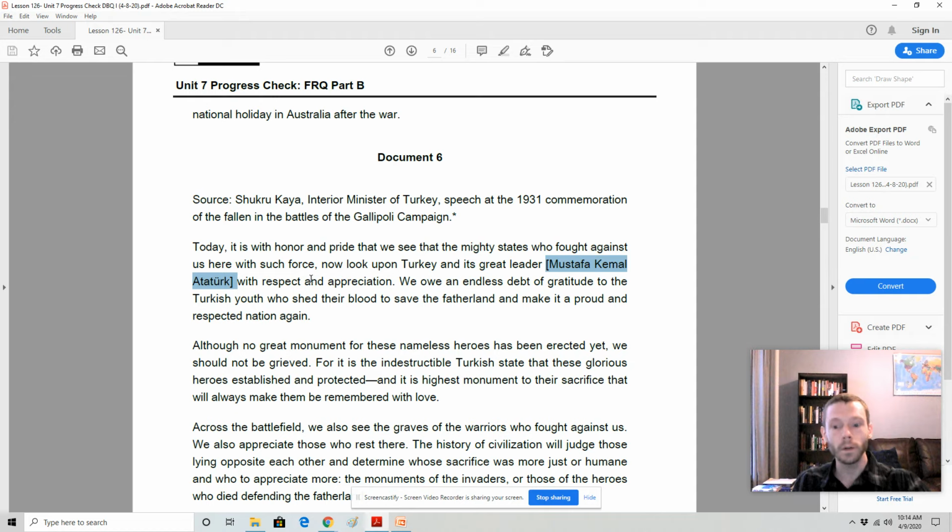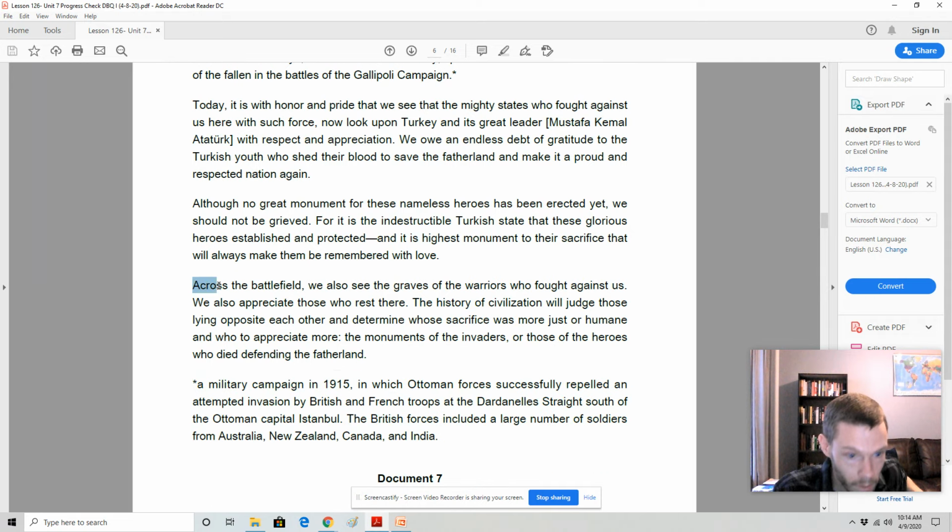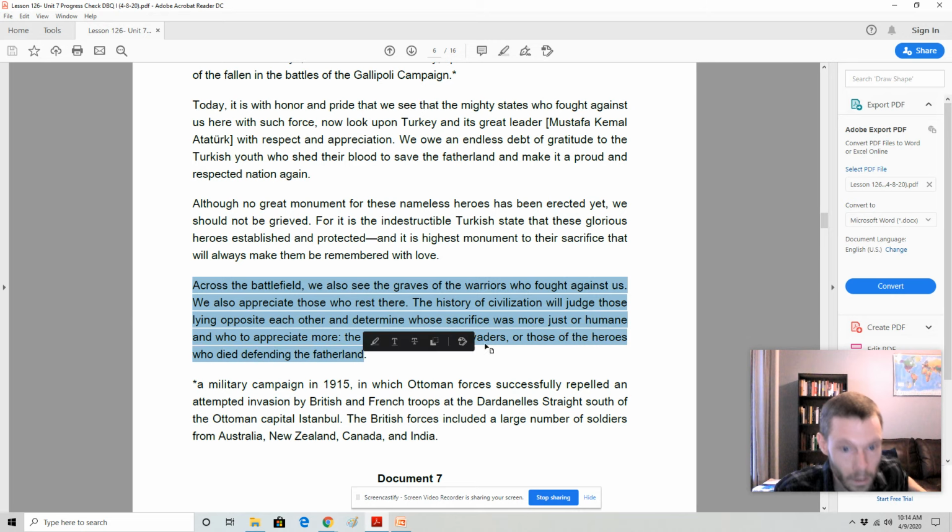What were the modernizations that were taking place in the 1920s and 30s? Why did they bring in Western ideas, Western dress, Western values in many ways? Okay. Notice again here, they're making it very clear in terms of how they want to remember the people that fought, heroes who died defending the fatherland.